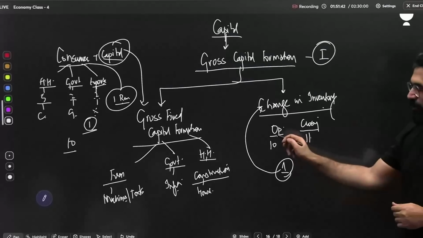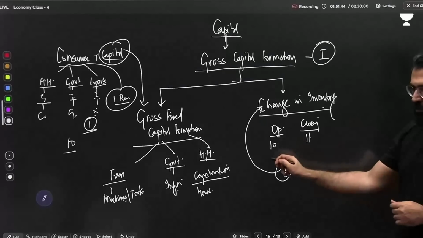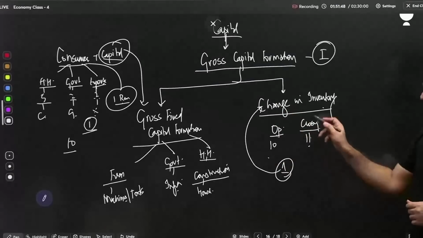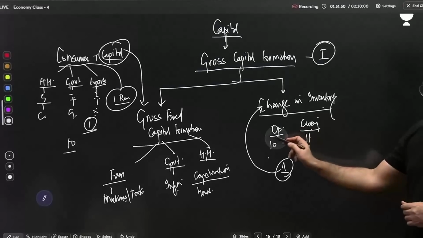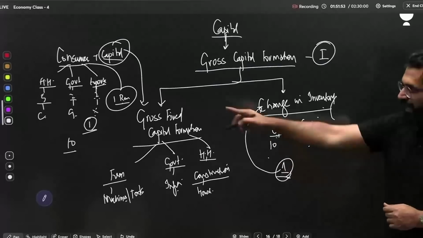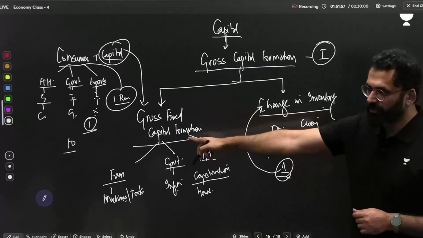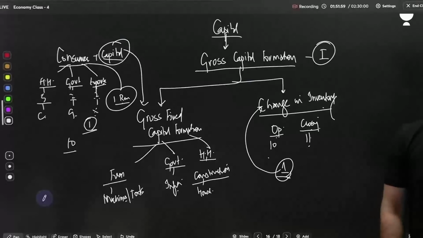When the firm opened, 10 goods were in stock. When it closed, 11 goods were in stock. That means change in inventory is closing minus opening, that means 1. So 9 got counted there, 1 got counted here, and capital goods got counted here. That means everything got counted. Is it making sense?